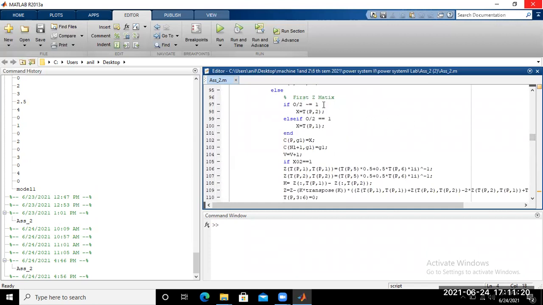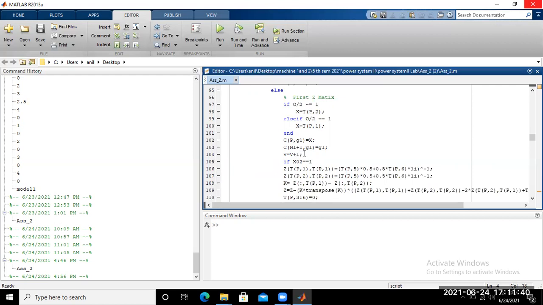Okay, first z matrix if q by 2 equal to 1, so x tp p2. Otherwise q by 2 equal to 1, so x t p comma 1. Okay, int. Okay, so this is your c equal to p comma g1 equal to x.